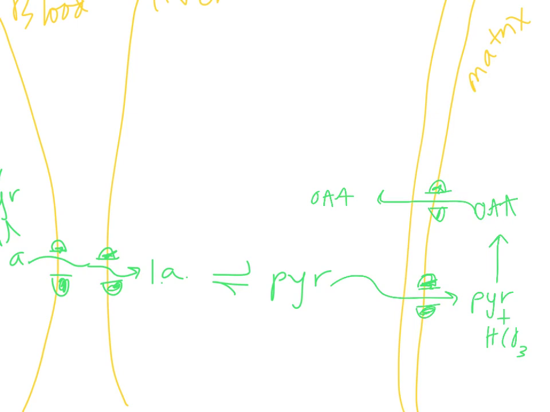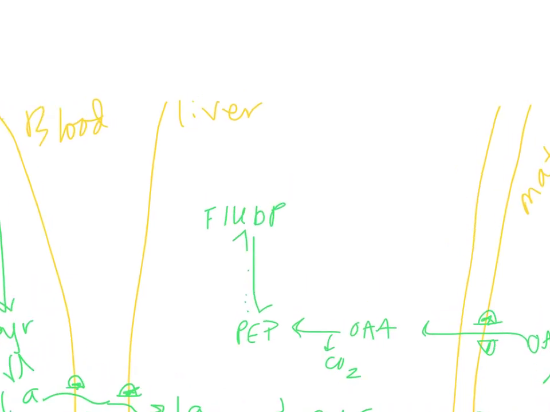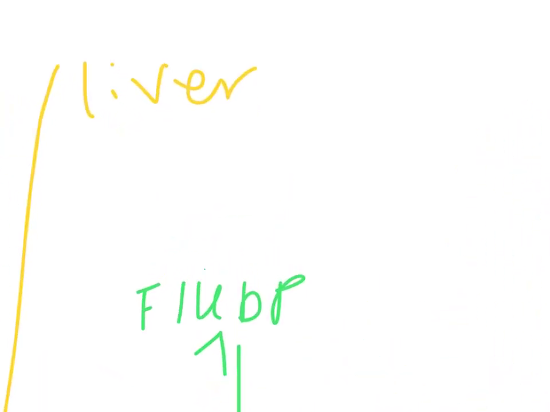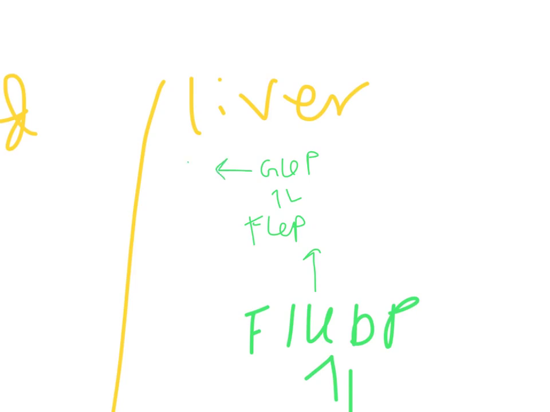OAA can be moved back out, be made into PEP, and we lose a CO2 here. And then there's a whole bunch of steps where we go back to F16BP, F6P, G6P, and then glucose can leave.